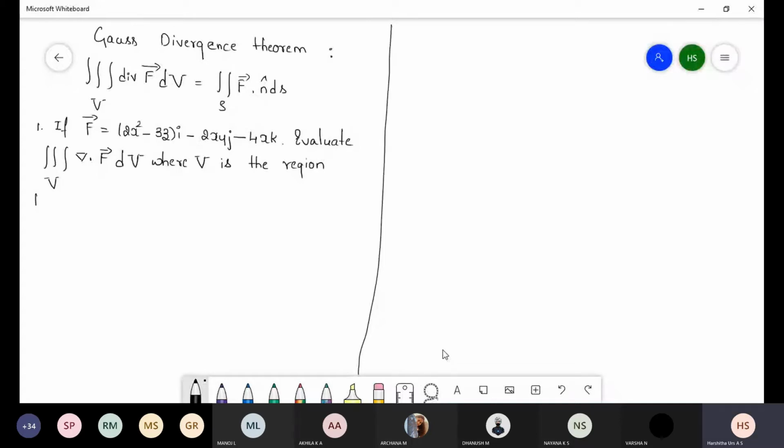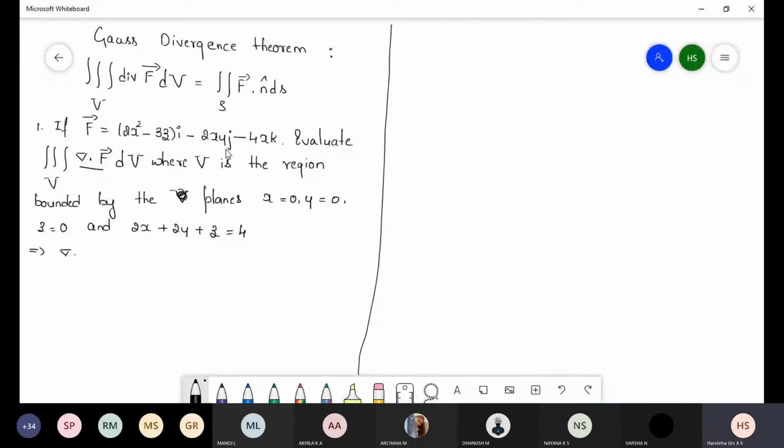This is the equation. Now, before starting the problem, first we have to solve for this del dot vector F.